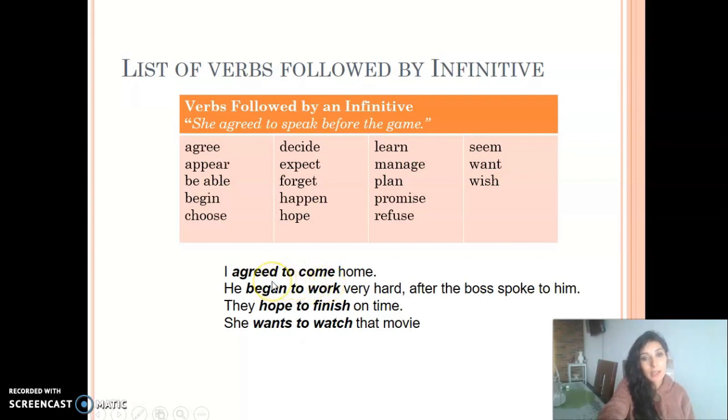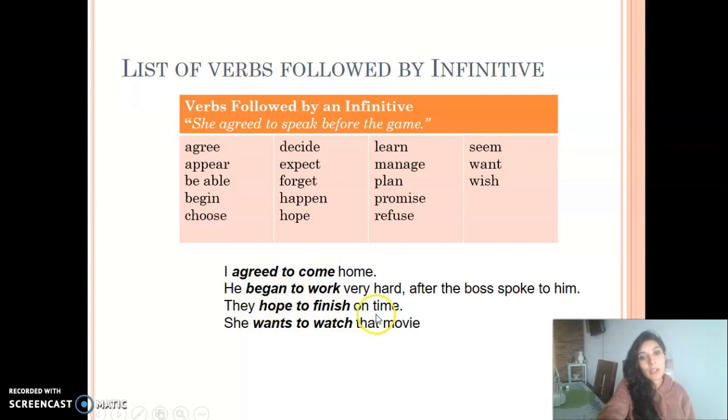In this case, I agreed to come home. To come is an infinitive. Then we have he began to work very hard after the boss spoke to him. In this case, begin is another verb that is followed by an infinitive. So in this case, the infinitive is to work, and the verb is in the past.